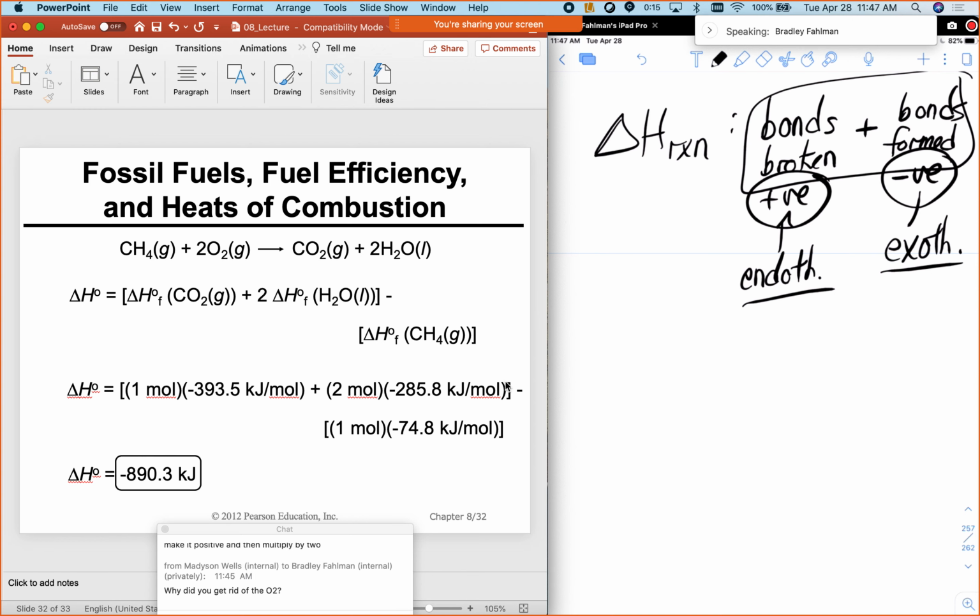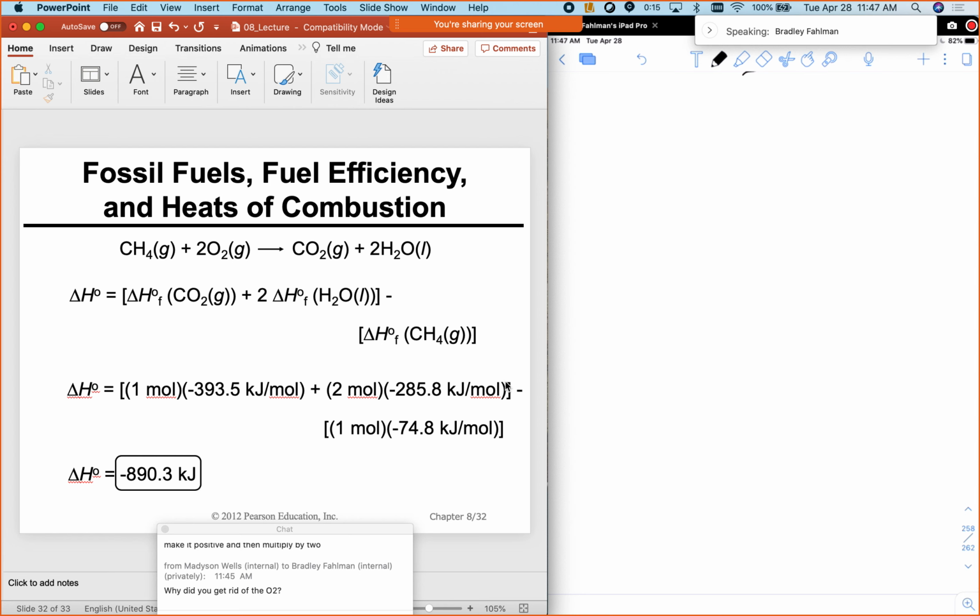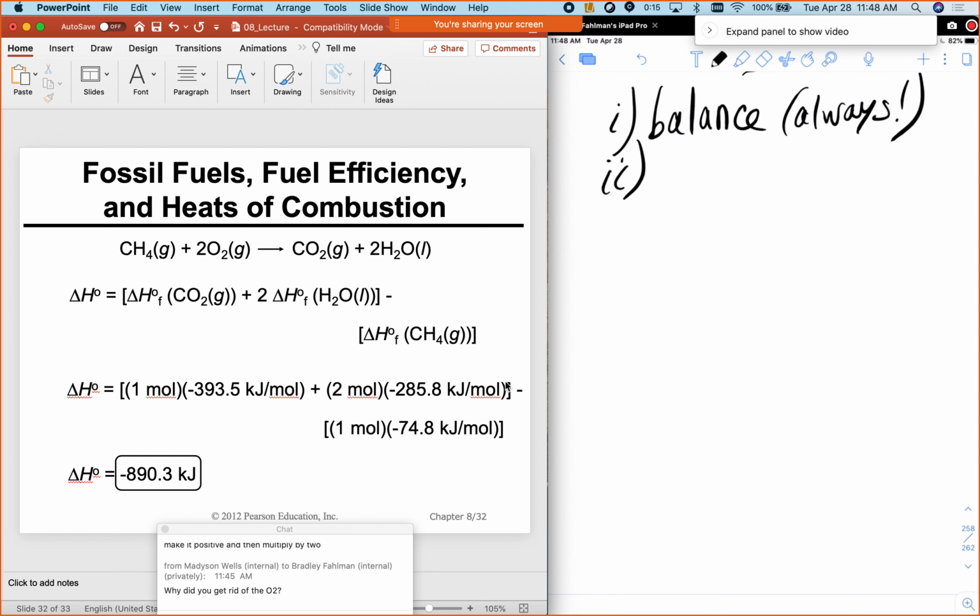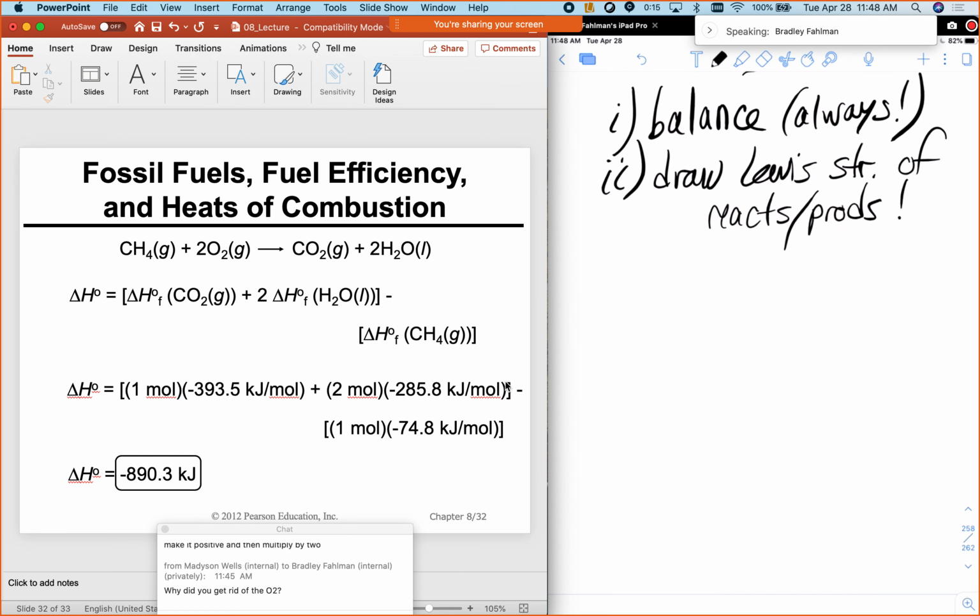Here's an example, a little more complicated one. For these kinds of questions, you want to first balance, as always. Then, and this is very useful, draw the Lewis structures of all the reactants and the products, and that will tell you what types of bonds are being broken and formed.